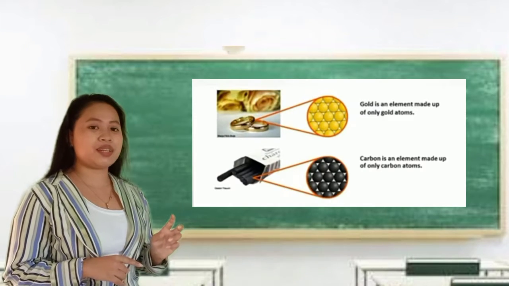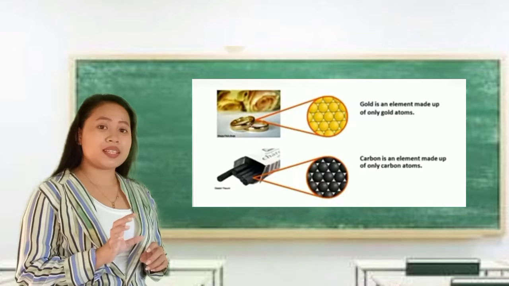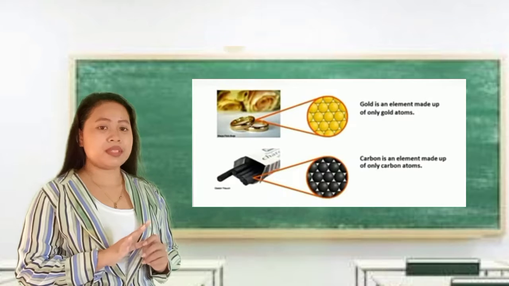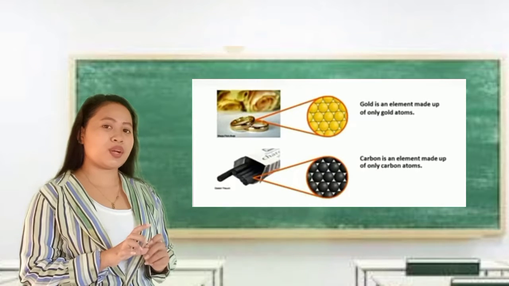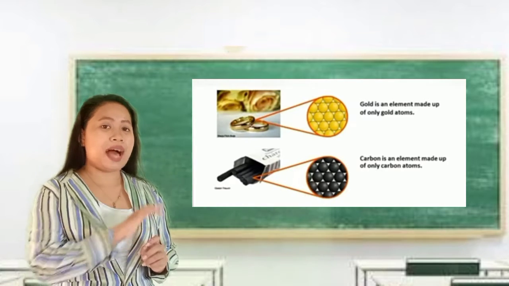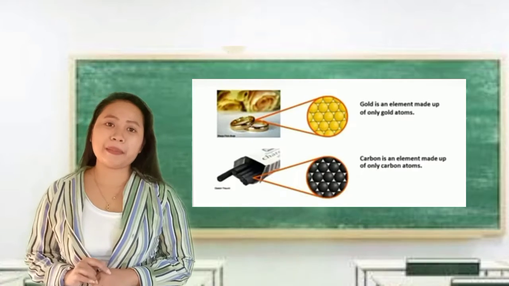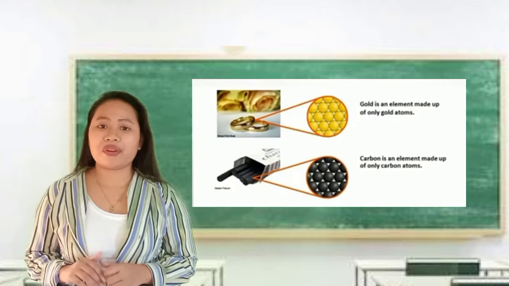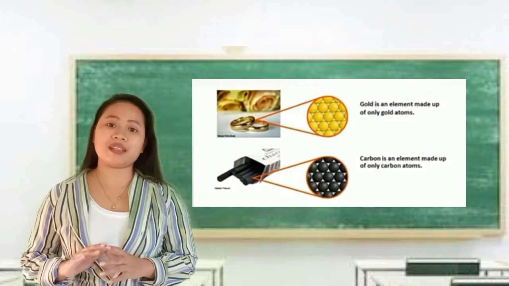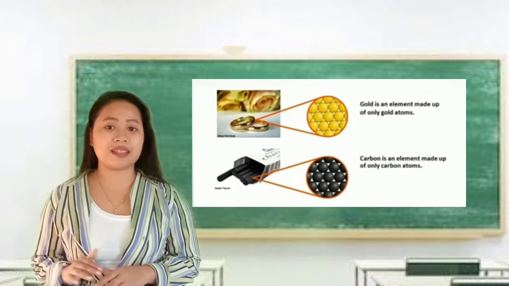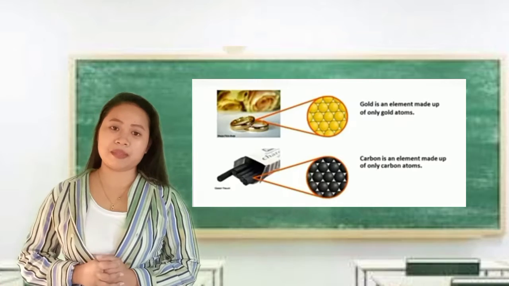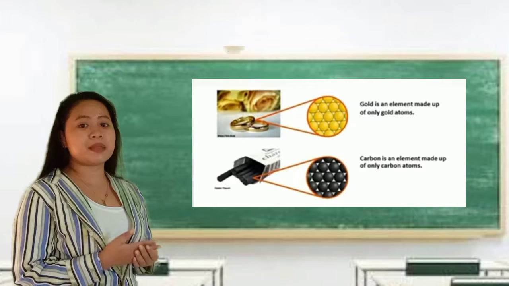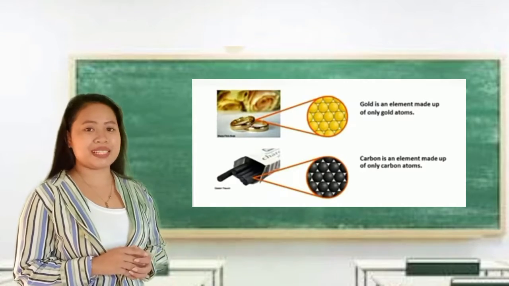In that circle, the yellow one is gold, which is called a gold atom, and the black circle is called a carbon atom. For example, this gold and carbon are matter. They are made up of small particles, and those tiny particles are nothing but atoms. And every atom of every matter participates in a chemical reaction.